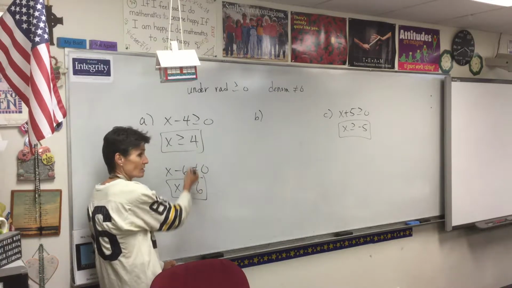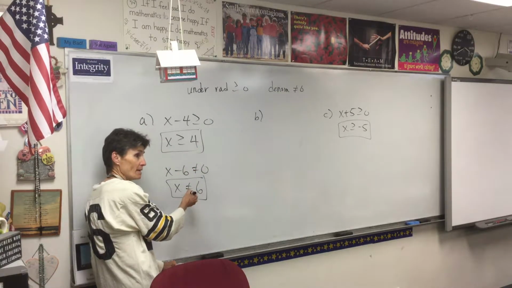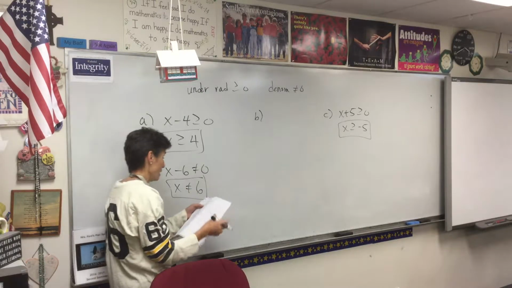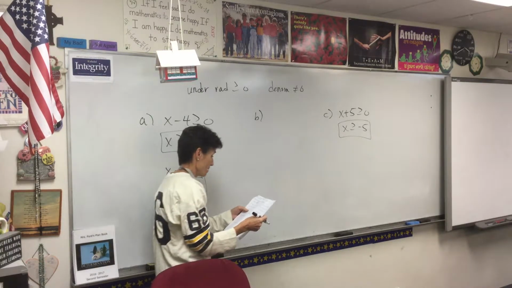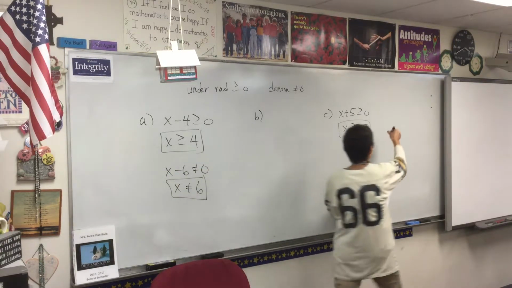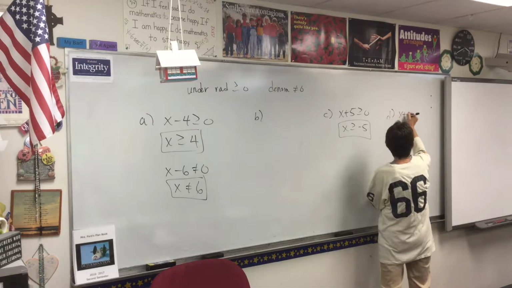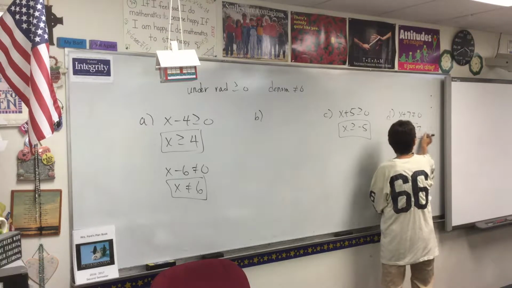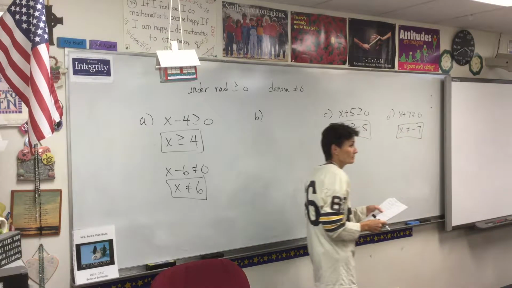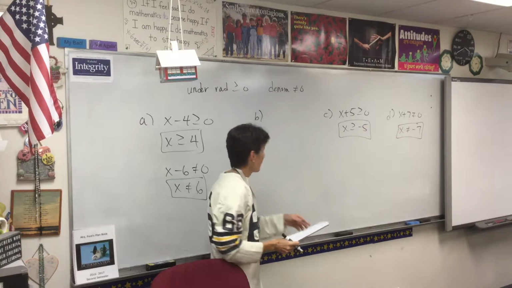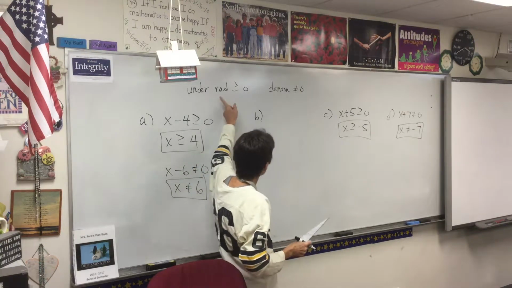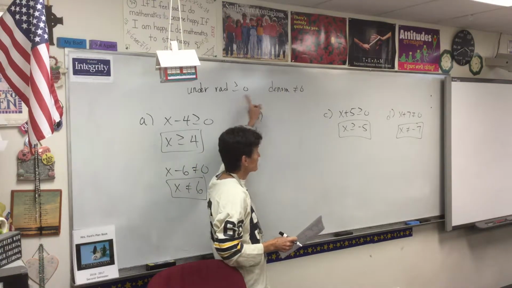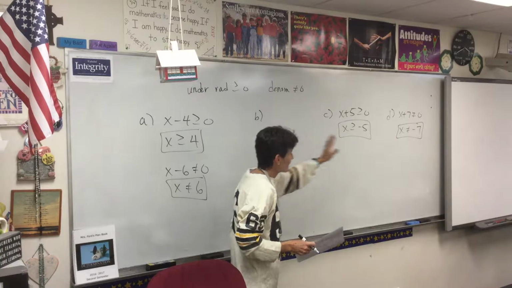So both of these are in the answer blank for problem A. D has a denominator. So x plus 7 cannot be 0 and x cannot be negative 7. Right? So I've taken care of both issues. These are the two things I need to worry about. I've taken care of all of them.